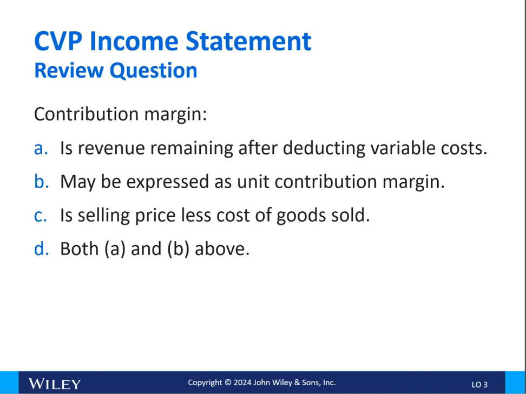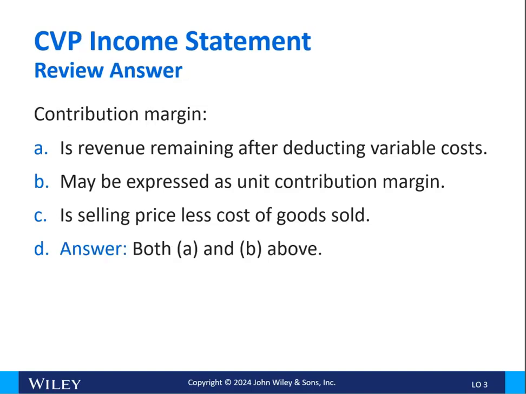Another review question. Contribution margin is revenue remaining after deducting variable cost. May be expressed as unit contribution margin. Is selling price less cost of goods sold, or both A and B above? The answer is D, both A and B above.